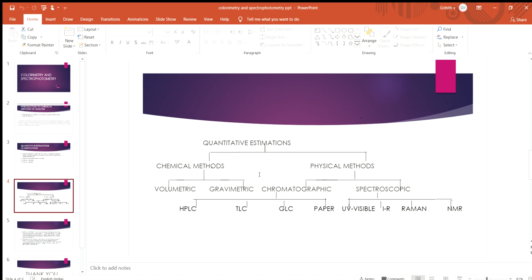In spectroscopic methods, the sample will absorb some electromagnetic radiation, and depending on the absorption or emission of the radiation, we will measure the type of compound present there. So now we have to know what an electromagnetic radiation is.